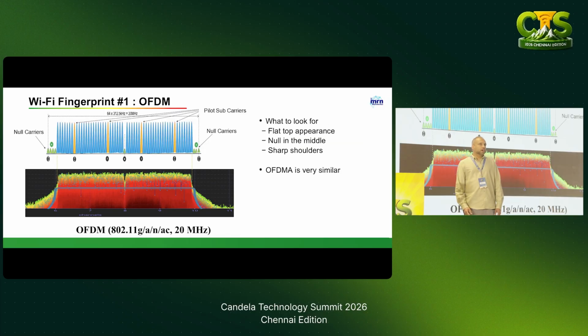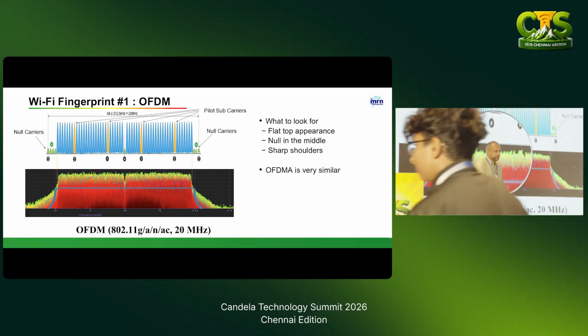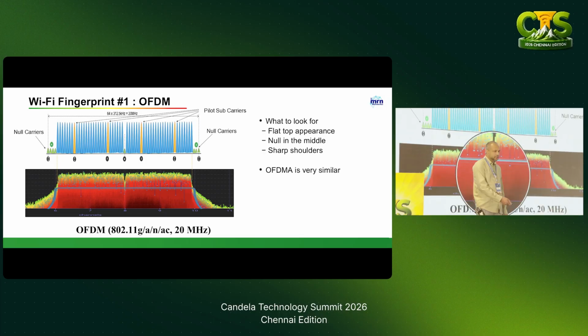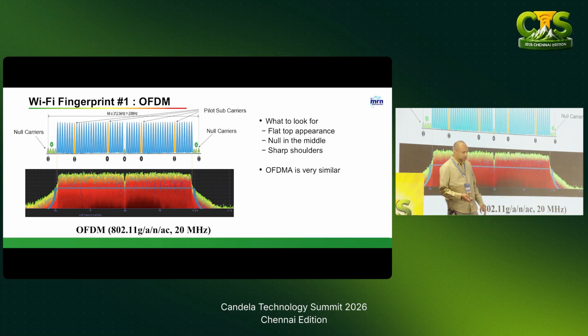To understand whether it's Wi-Fi or not, you have to know the fingerprint of Wi-Fi. In OFDM, we have a 20 megahertz channel and we divide it into subcarriers. Data will not go on all the subcarriers, so we have a null in the middle. When you look at the spectrum, if you see a signature energy like that, that's a clear indication of OFDM, 20 megahertz communication.